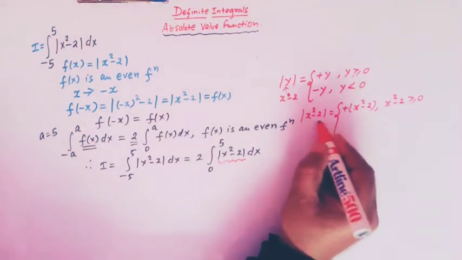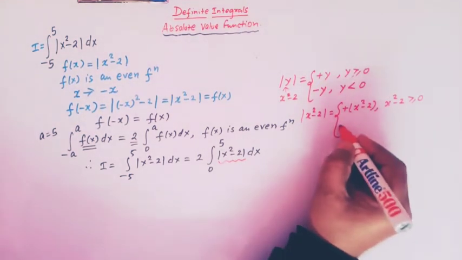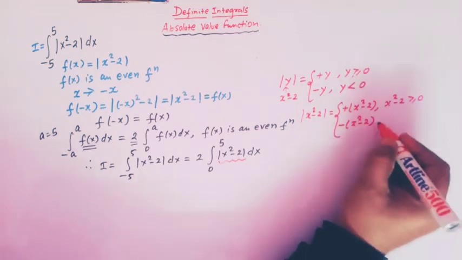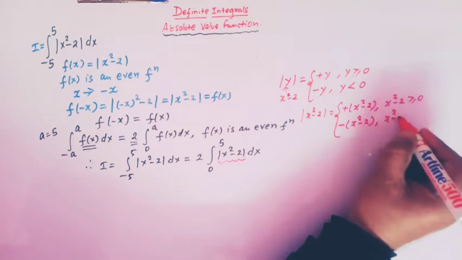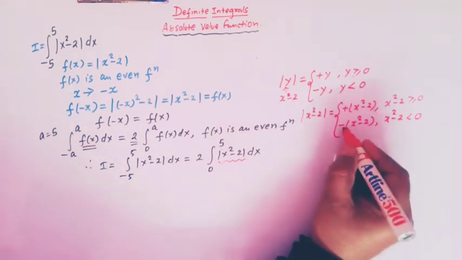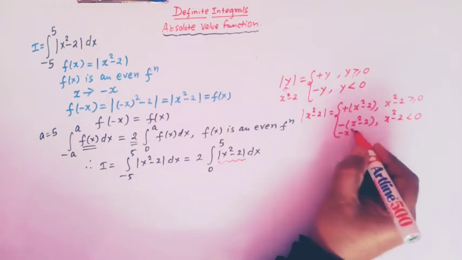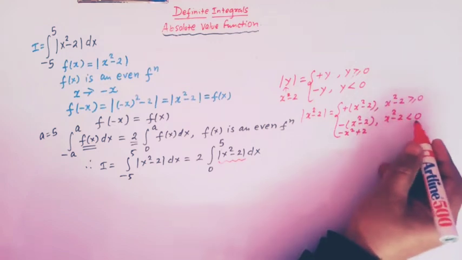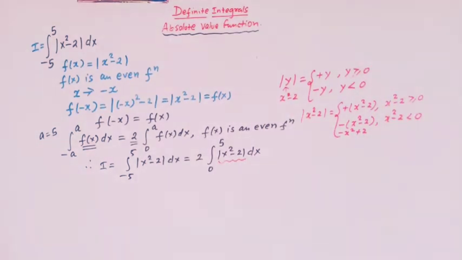And mod of x square minus 2 is equal to negative of x square minus 2 whenever x square minus 2 is less than 0. We can also write it as minus x square plus 2.